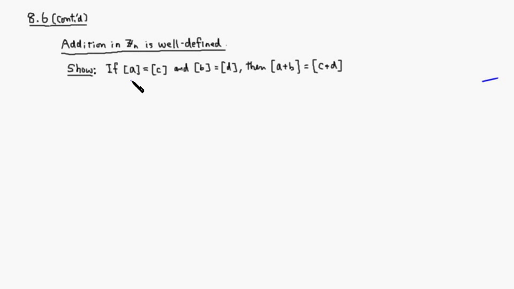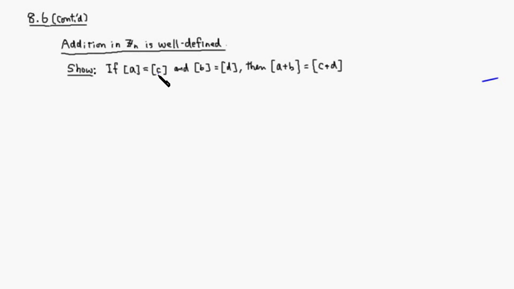Here's the question. When you use equivalence classes, you could use different representatives for the same equivalence class. But when you define addition based on representatives, for example, a representative A here and another representative B there, A plus B is the new representative.